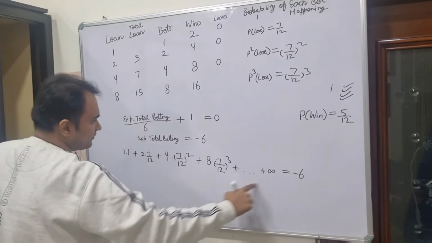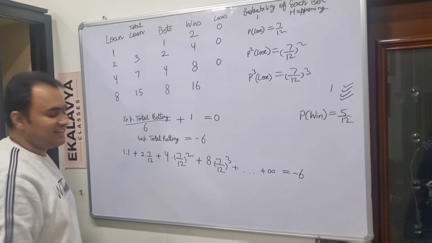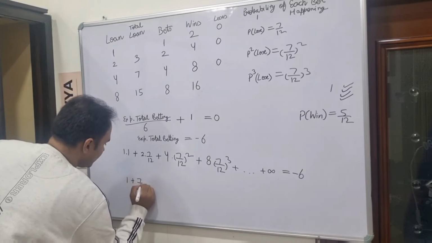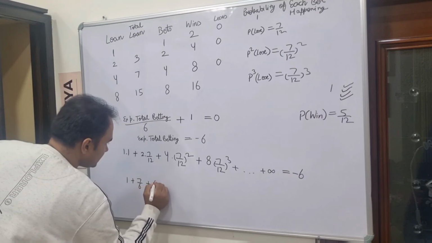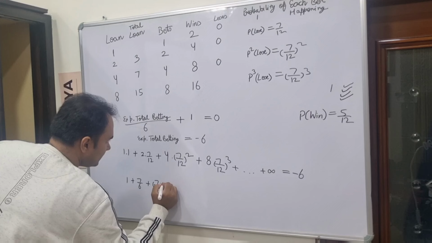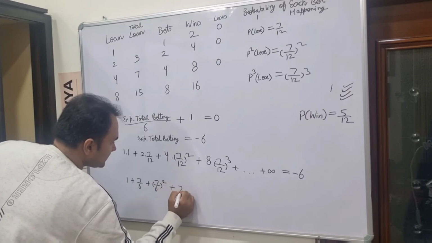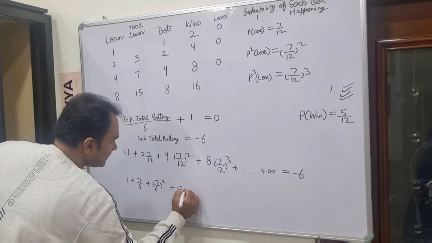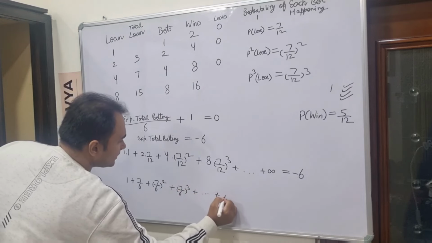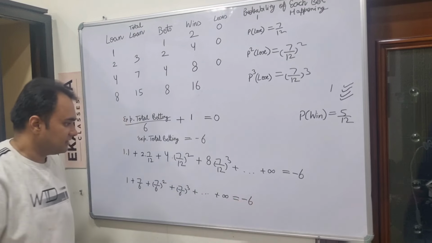So simplifying this equation, we get the odd equation with which we started, 1 plus 7 by 6 plus 7 by 6 whole squared plus 7 by 6 whole cubed plus all the way on, is equal to minus 6.